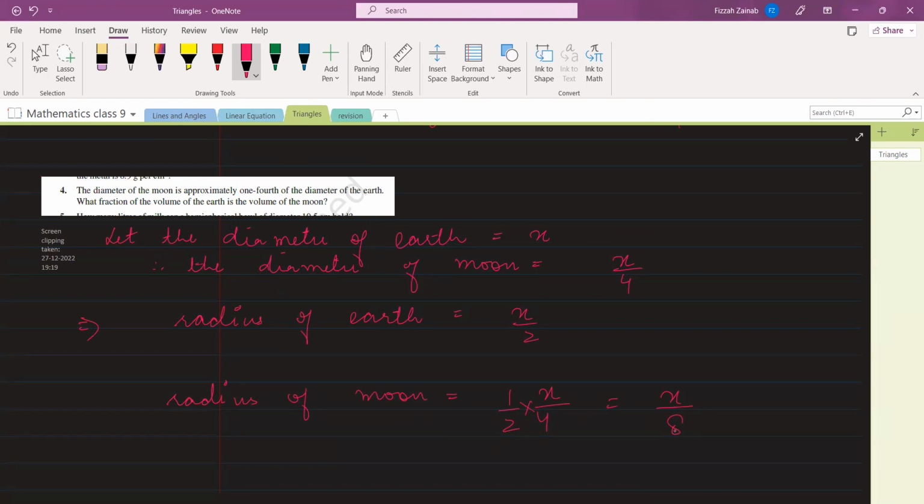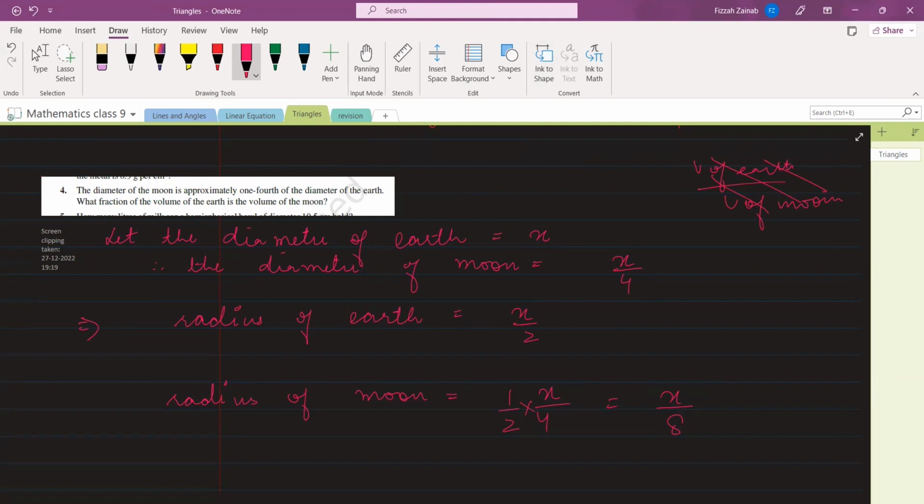Okay. Now in the question, what fraction of the volume of earth is the volume of moon? So basically you have to find this ratio. Oh, sorry, ma'am. Opposite one you have to find. Yes, Jaslyn? Yeah, please read the sentence again.